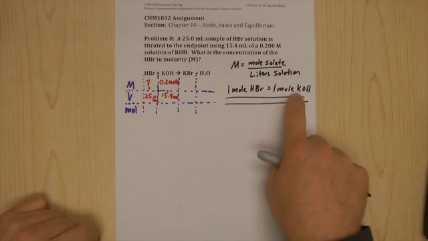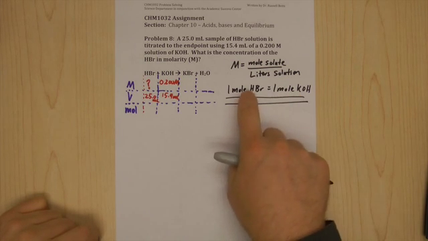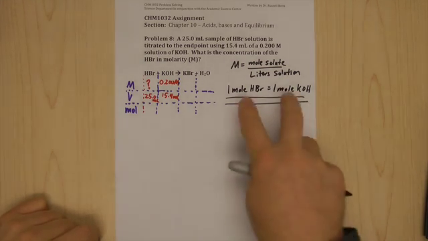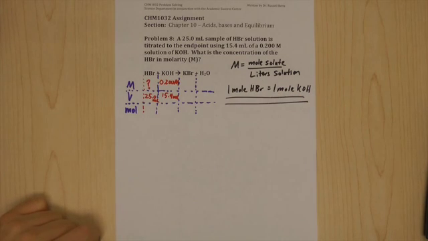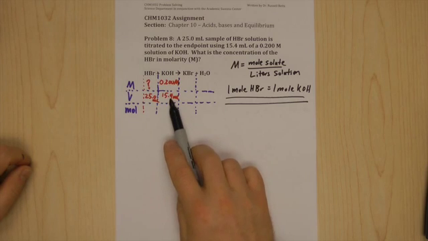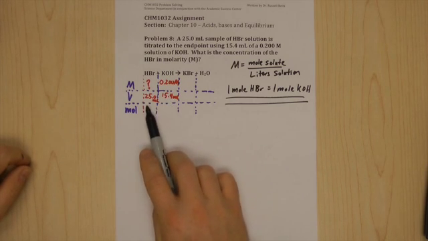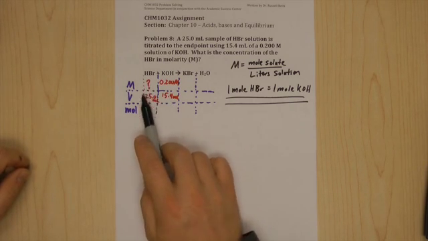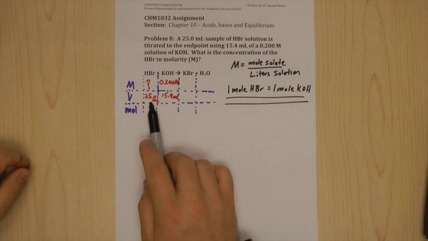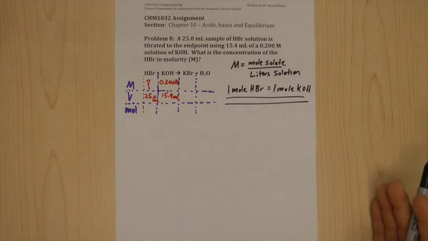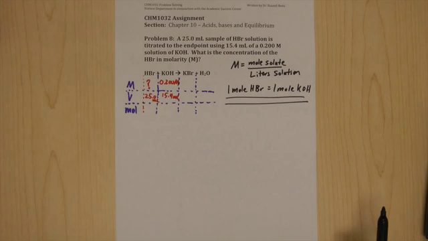If we know the moles of KOH, we can determine the moles of HBr using this equality. Well, that makes this question easy. All we've got to do is figure out the moles of this, convert it to the moles of that, and calculate molarity, because we have volume, it's right there. This question became infinitely easier than we thought it was going to be.